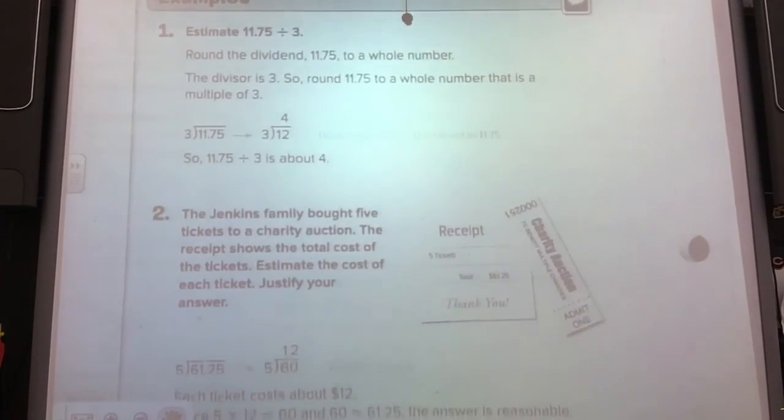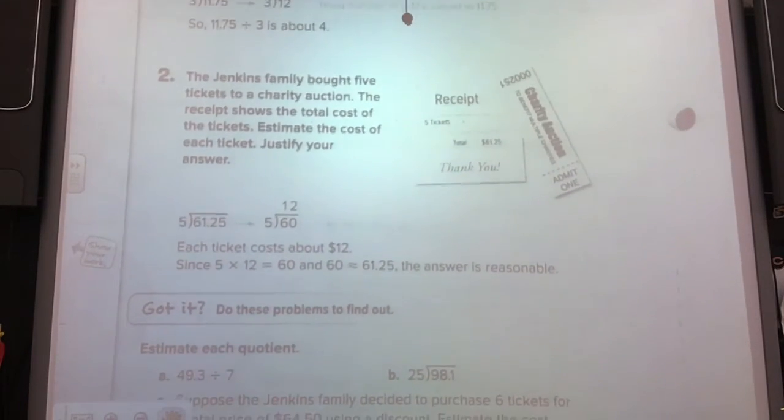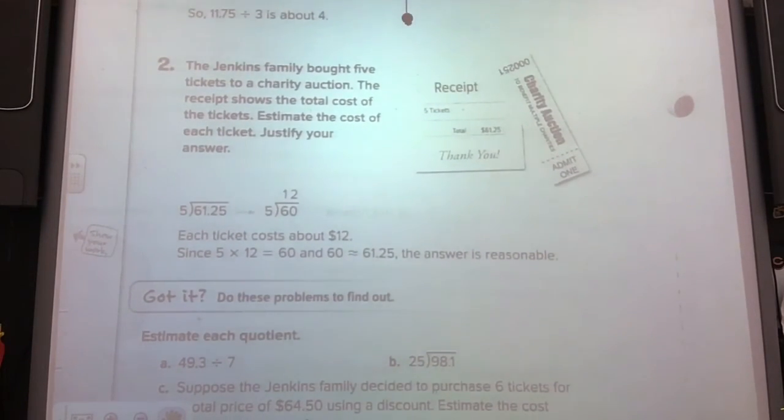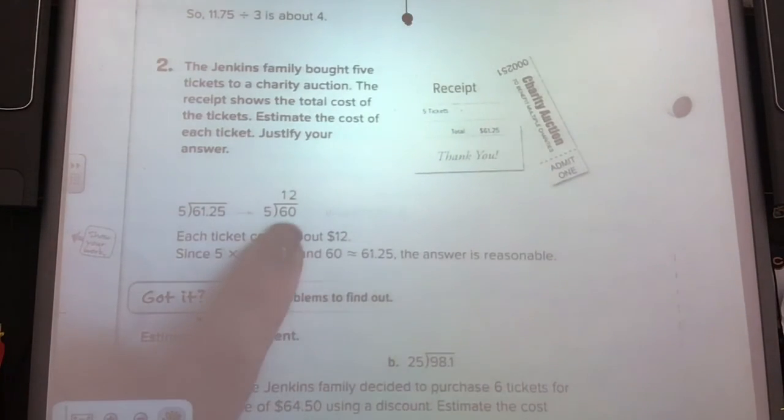This is much easier than yesterday's lesson. I love rounding. All right, the Jenkins family bought 5 tickets to a charity auction. The receipt shows the total cost of tickets. Estimate the cost of each ticket and justify your answer. All right, total cost of tickets was $61.25. $61.25 is close to $60, and 60 is compatible with 5.